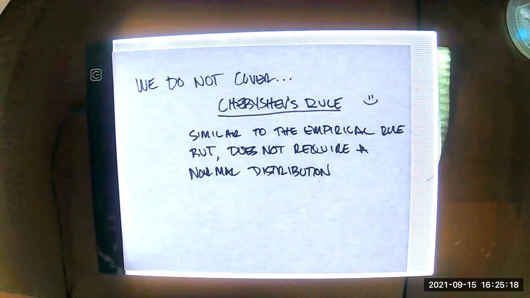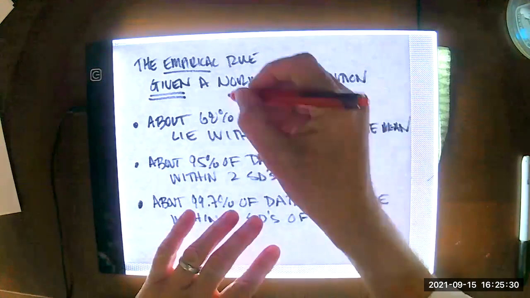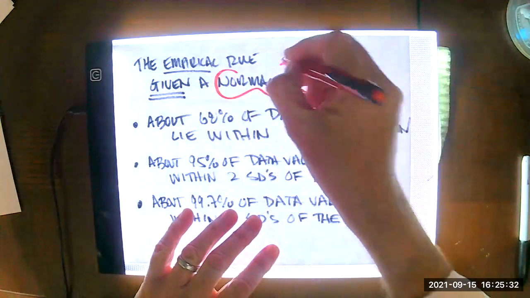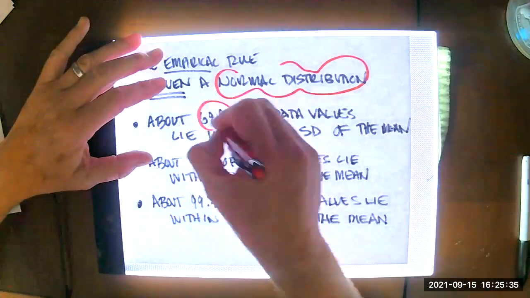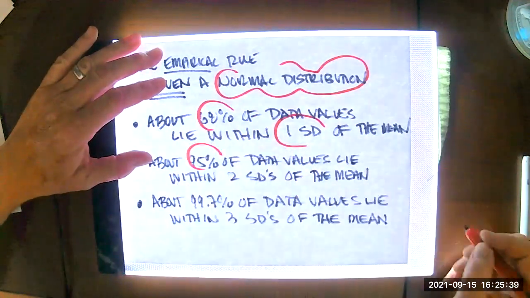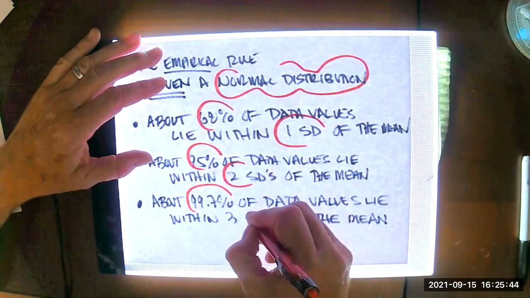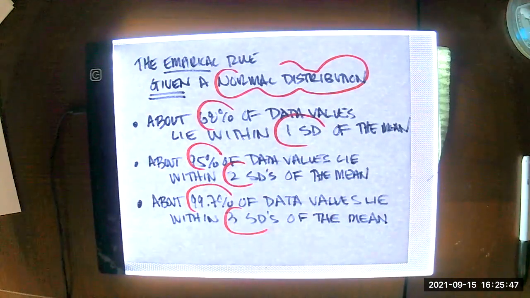Let me bring that guy back here one last time just to review that empirical rule. So given a normal distribution, got to be normal. 68% lie within one standard deviation, 95% within two standard deviations, and 99.7% within three standard deviations of the mean of the distribution.